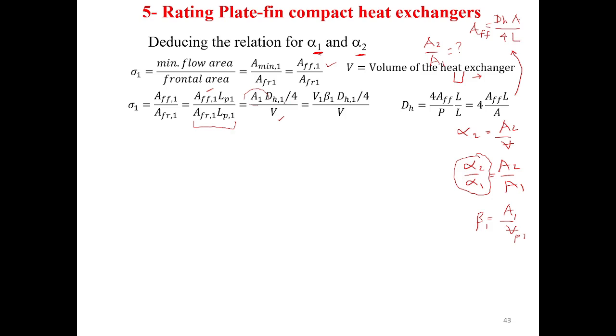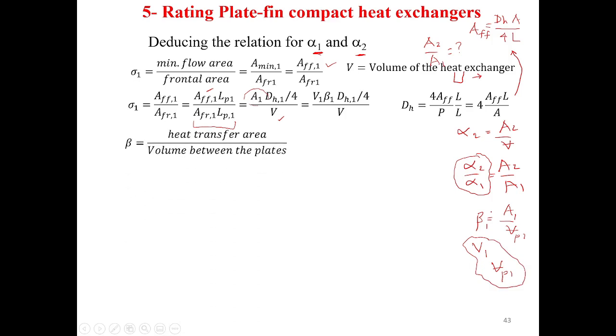When you put this here, you get this expression, and then substitute A1 with beta, which is, as we said before, the heat transfer area divided by the volume between the plates. The volume between the plates is sometimes written as V1, sometimes as VB1, all the same thing, for side 1. Of course we can write it also for side 2.